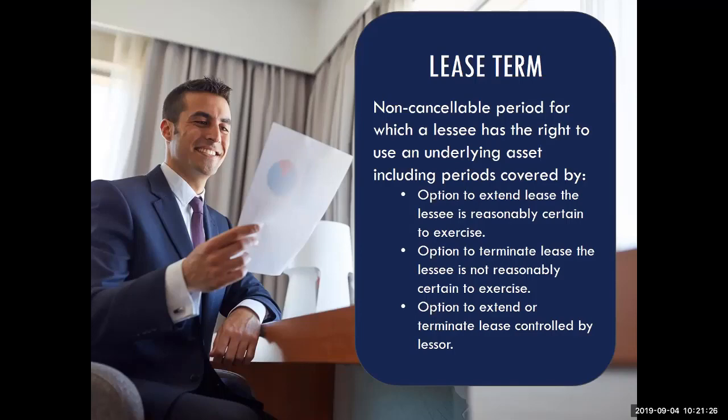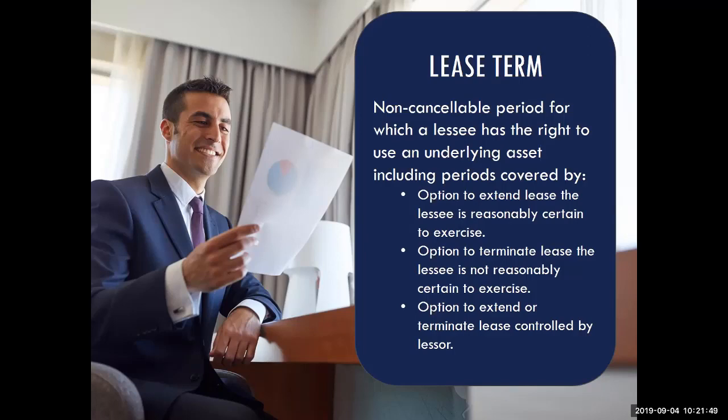And the second piece that's really important here is obviously the longer the lease term, the more lease payments are going to be included in valuing and measuring that initial liability and that liability going forward. So determining the lease term is a very important part of this new standard.